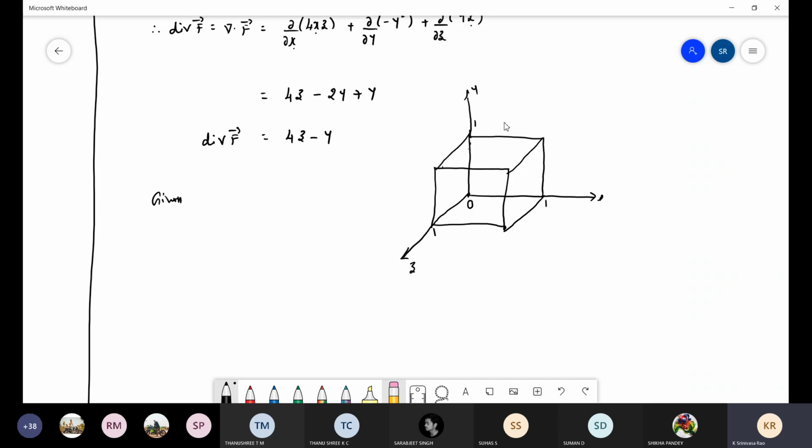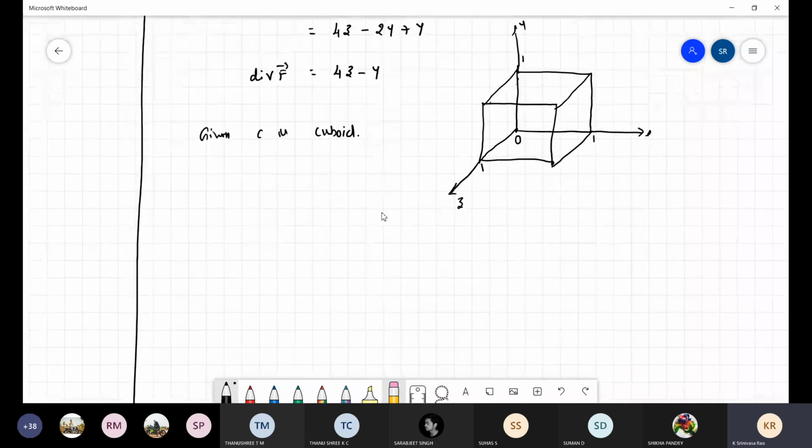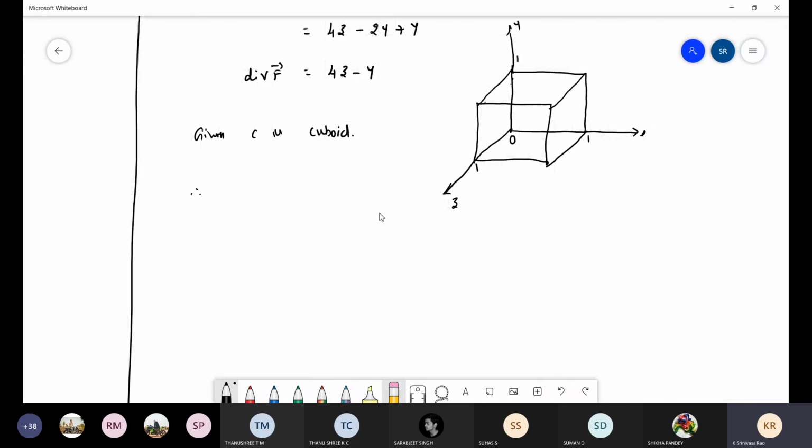Given C is a cuboid. Yes, take down. Therefore, 1 implies the double integral or surface integral f dot n cap ds is equal to the triple integral div f dv.